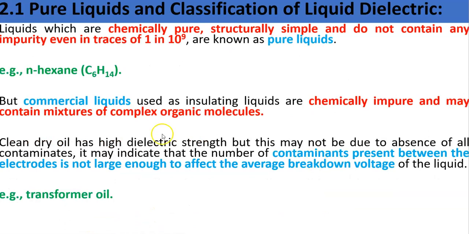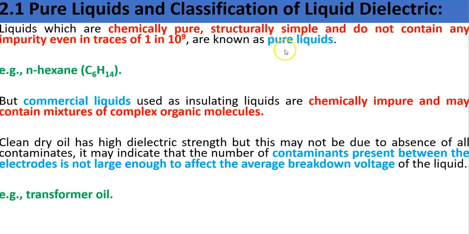Okay. So let us see what is meant by pure liquid, or how liquids are classified. Generally, we are learning about insulating material. Liquid insulating materials are classified into three classes: pure liquid, commercial liquid, and commercially pure liquid. Pure liquid can be very highly scientific, very pure.